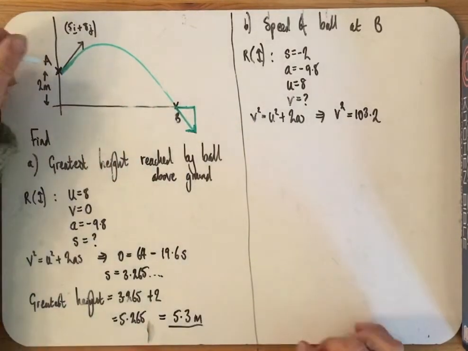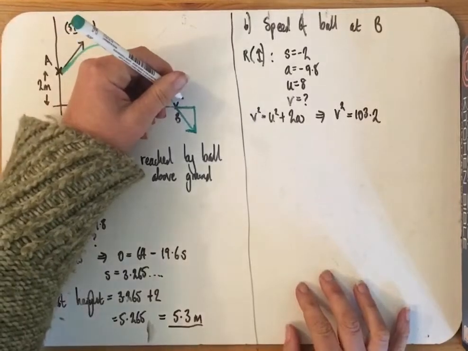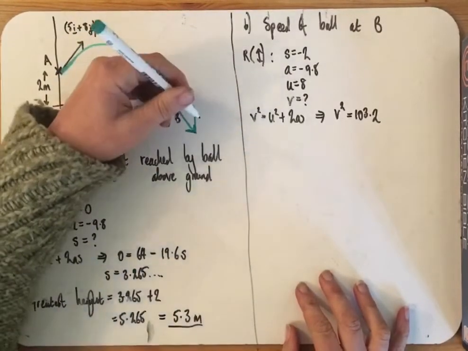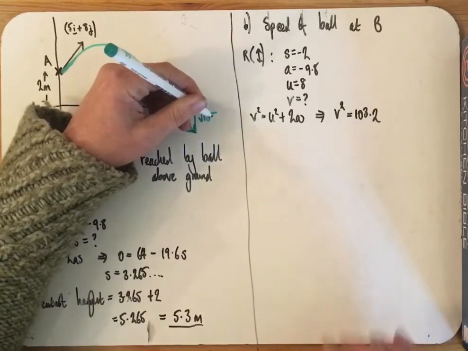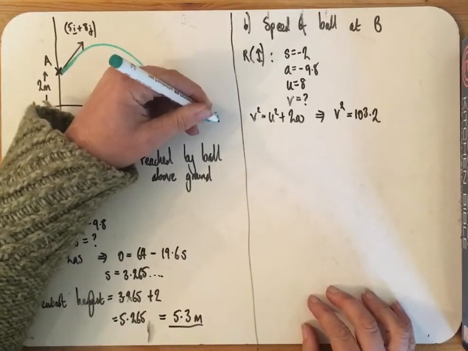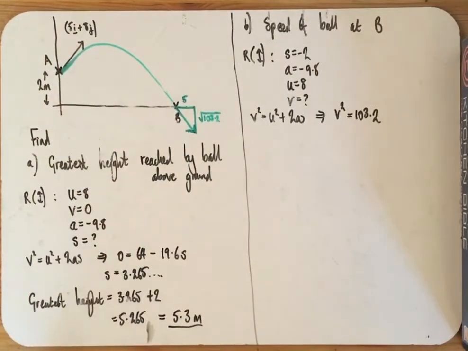The horizontal component is constant, so this is always 5, and as a length, this is the square root of 103.2. It is acting in the negative direction, but speed is a scalar quantity, so it just has magnitude.